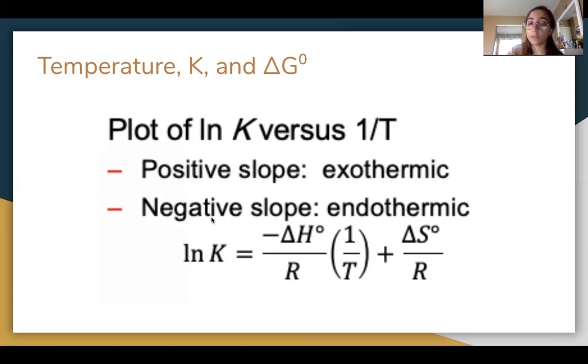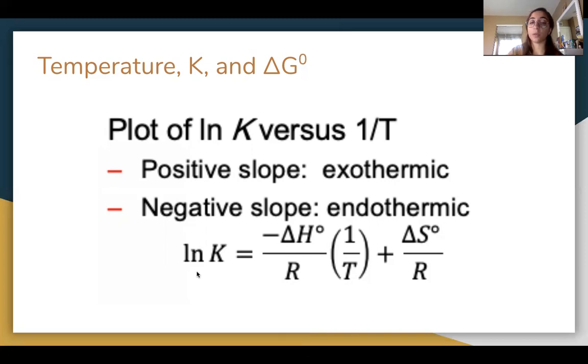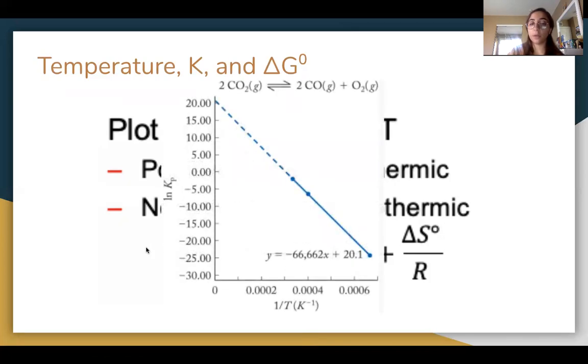However, if you get a negative slope, know that this reaction will be endothermic, which is absorbing energy. This is the equation that they isolated in order to isolate ln of K to graph 1 over T and ln of K. So this is the graph. As you can see here, for this reaction specifically, it's a downward slope, which means it's endothermic, and that means it's absorbing energy.